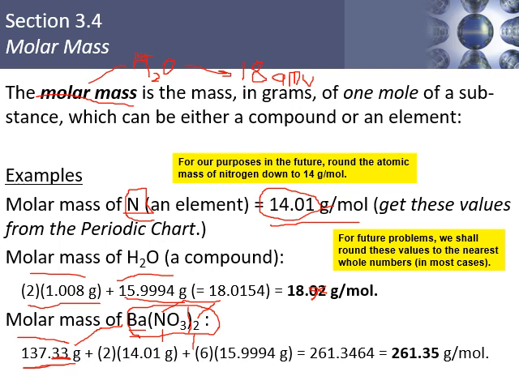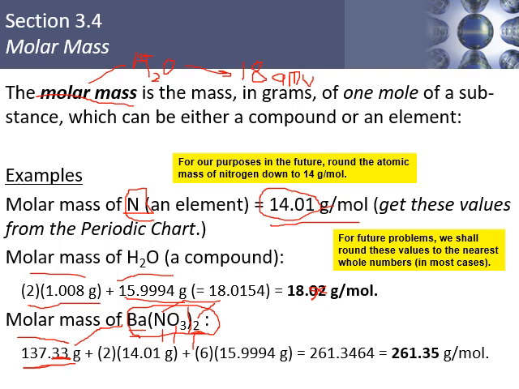And then if you look at O, it's 16, right? The top number. But how many do you have of those? Take a look at this for a minute and see if you can figure out how many O's each one of these barium nitrates would have. Well, it would have 3 because every N has 3 O's. But then the whole thing has to be multiplied by 2 because there's 2 of the nitrates. So how many O's would you have total?